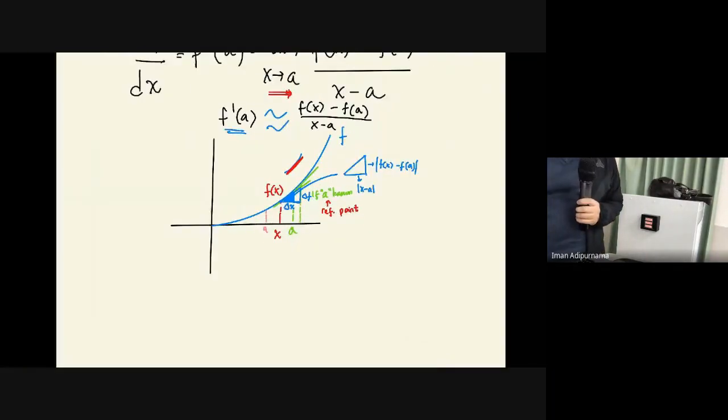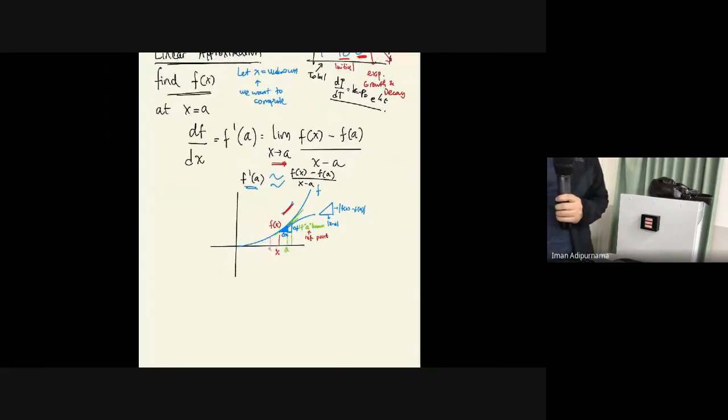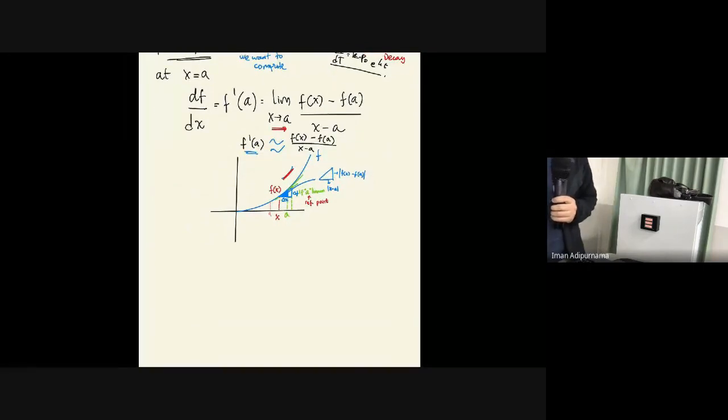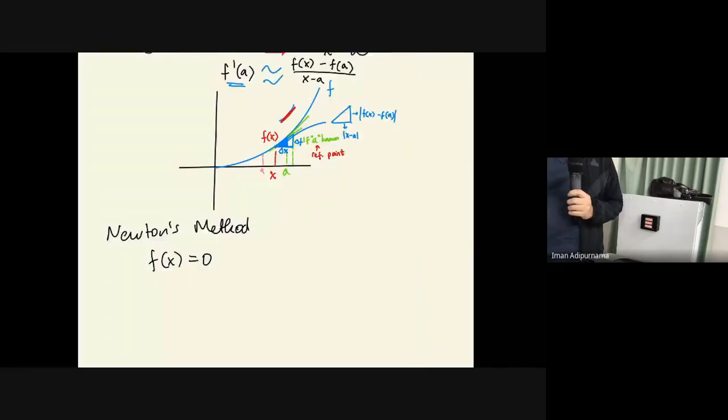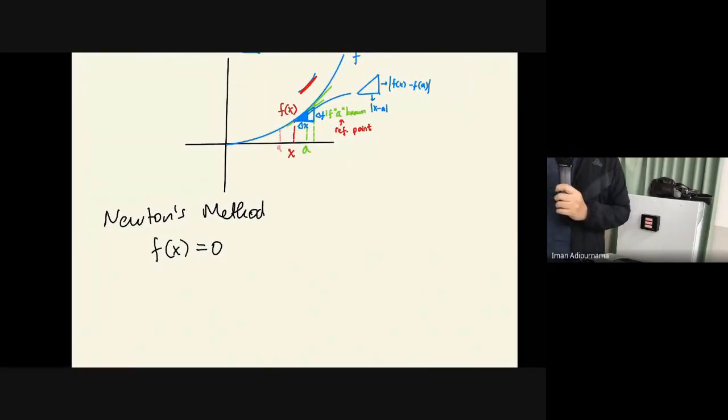Okay, that's linear approximation. The other one is what we call Newton's method. It's the same formula, but we make f of x equal to 0, because in Newton's method the purpose is to find the real solutions, the real roots.